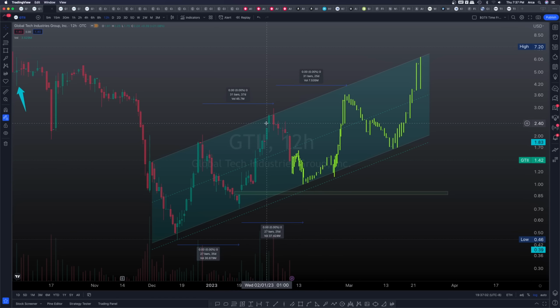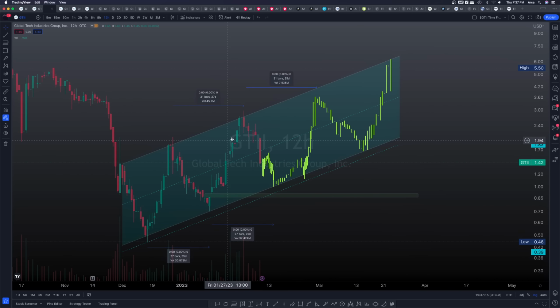So this is insinuating that we're in an ascending channel. This is a bearish formation, but it doesn't always materialize to the downside. Remember, it's just a formation that we're looking at here. I'm just giving you a trend of what could be happening.